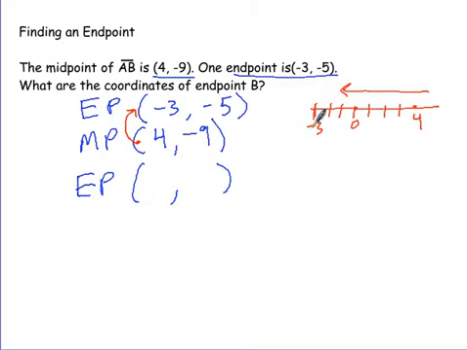I go down 7. So I'm going to do the opposite when I go to this endpoint, because again, it is in the middle. So I'm going to do +7. So 4 plus 7 is going to equal 11. Go ahead, you need to be writing this down with me. If you haven't, you should pause this video and write it all down right now.